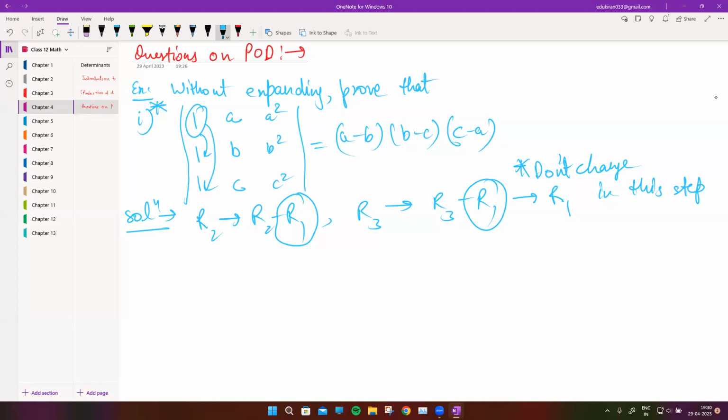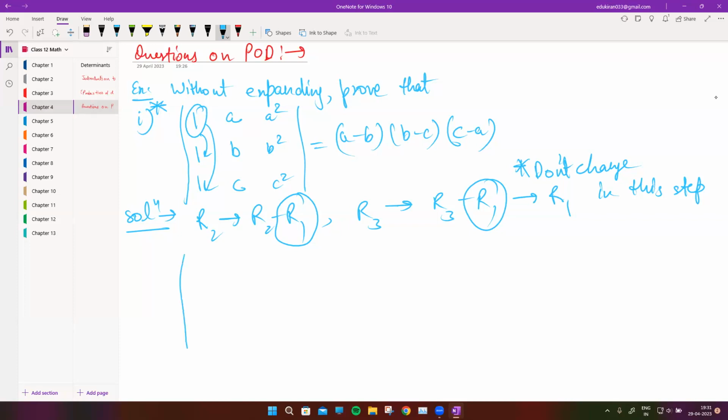The only rule is that whatever you are using to change these rows and columns, don't change that row or that column in that particular step. So if I'm using R1 for both, for changing R2 and R3, I will not change R1 in this particular step. I can change R1 in the next step, but not in this step.